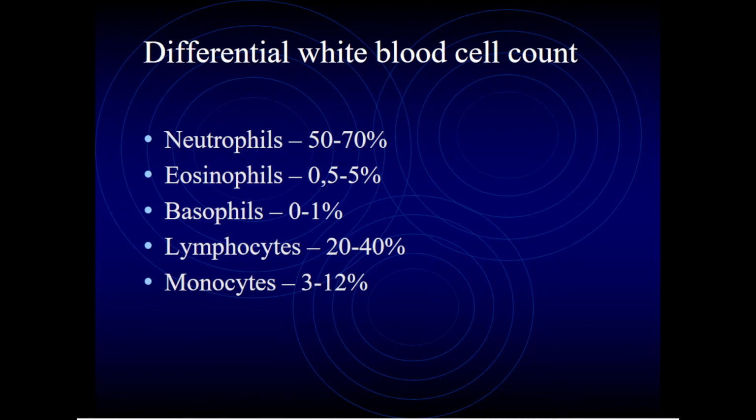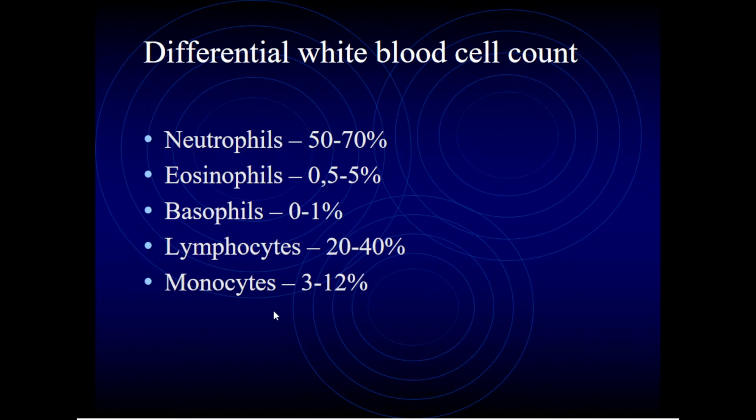The normal percentage ranges for the various leukocytes are as follows: neutrophils 50 to 70%, lymphocytes 20 to 40%, monocytes 3 to 12%, eosinophils 0.5 to 5%, and basophils 0 to 1%.